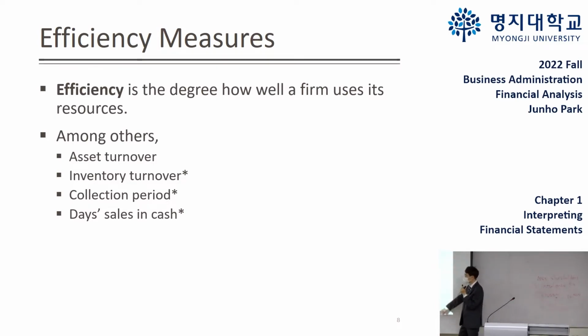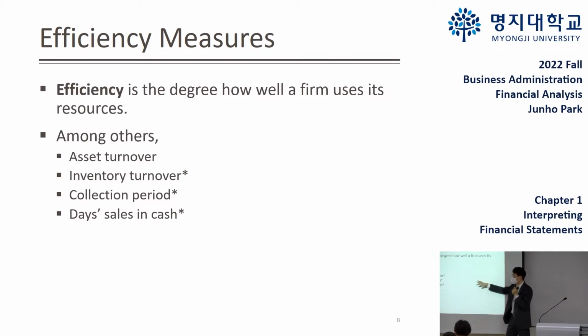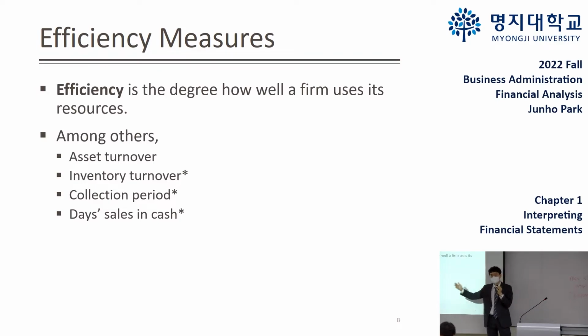I'm not going to talk more about these two, but simply put, these are how long you need to wait from when you start to create your product until you receive your cash. So if it is short, it means that you are generating cash in a relatively short period of time, so you are very effective. On the other hand, if it takes longer, then you are not that efficient.